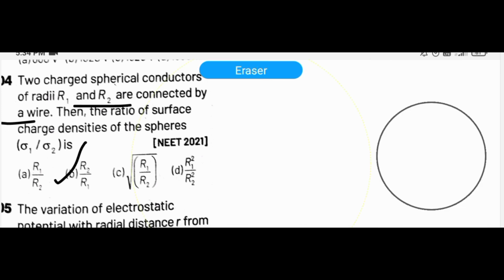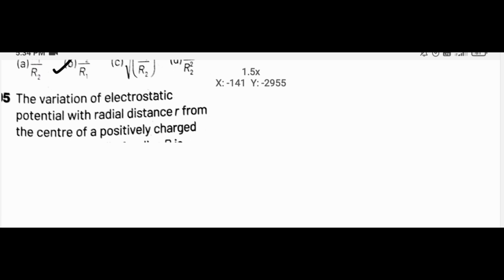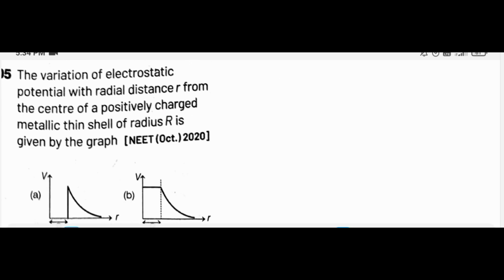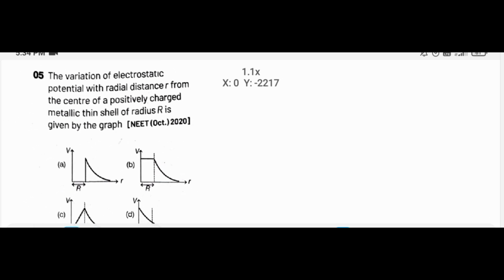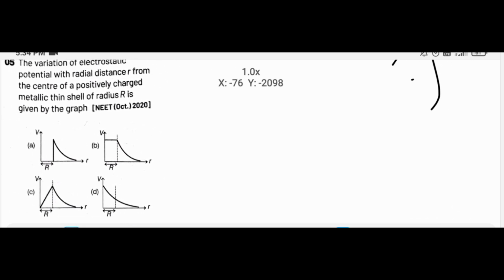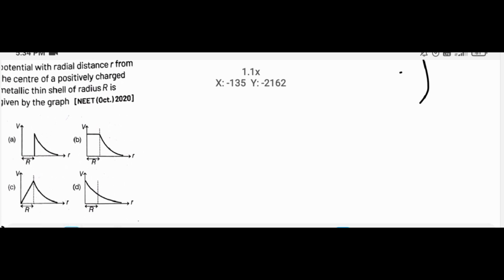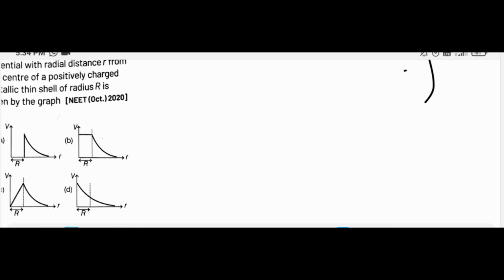Okay. Moving on to the next question. The variation of electrostatic potential with a radial distance r from the center of a positively charged metallic thin shell of radius R is given by, they have given the variation of the potential with a graph. You know, the potential of any closed surface will remain constant throughout the sphere.